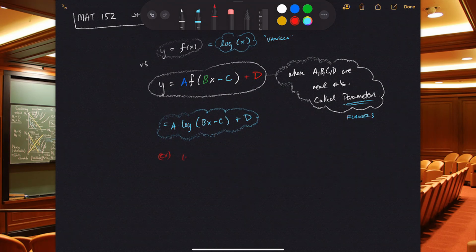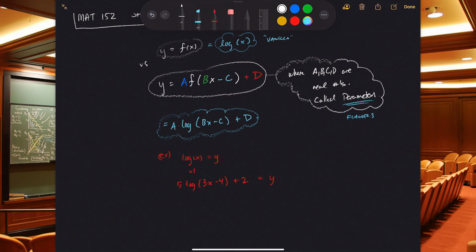Let's say I look at log x versus 5 log(3x minus 4) plus 2. How does the graph of this function differ from the graph of this function? What I want us to pick up in this unit is that it's going to have the same general shape or relationship, but it's going to be shifted and stretched. So the question is, how is it shifted and stretched?